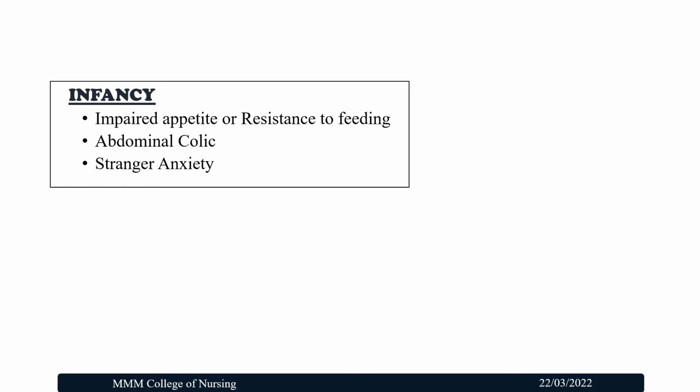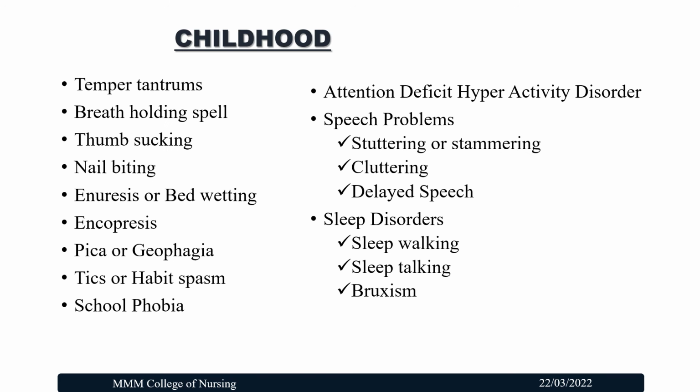Here we are seeing the conditions of the infant age group, like impaired appetite or resistance to feed, abdominal colic and stranger anxiety. All these are examples of behavioral problems in children. Next, we move on to common childhood behavioral disorders like temper tantrum, thumb sucking, breath holding spells, nail biting, enuresis, encopresis and habit spasm.